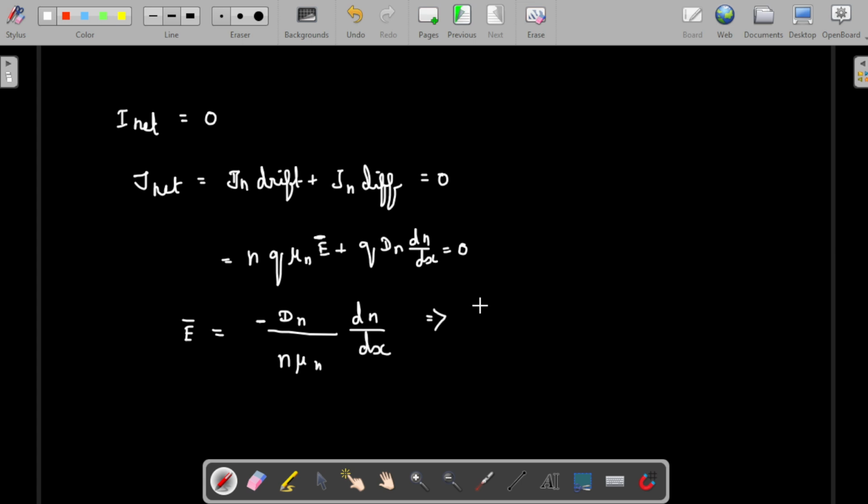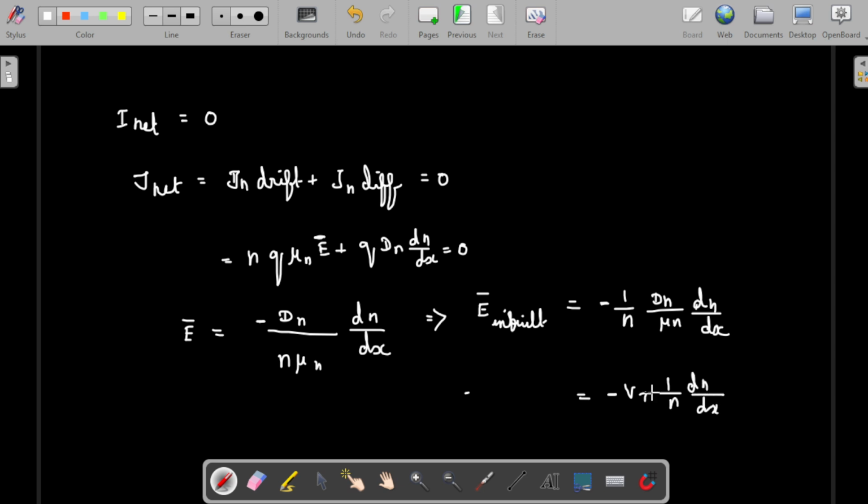So the internal electric field that is built because of the electrons which moved by diffusion will be equal to minus 1 by n, Dn by mu n, dn by dx. This is Einstein's relationship, so we can cut short and write it. The internal electric field can be written as minus Vt times 1 by n dn by dx.